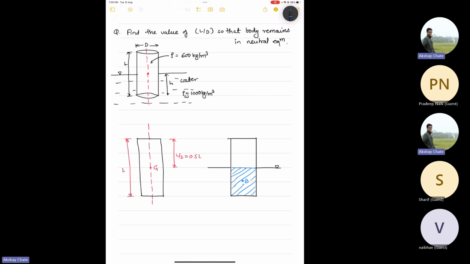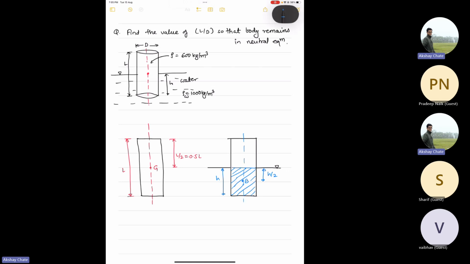And what will be the B point? So this was the H, total depth, submerged level. So this will be the H by 2 level. I am just finding some easy things first, because that is easy, and then we can shift to the difficult part. So now this much is what we know. Okay, so we'll go ahead.